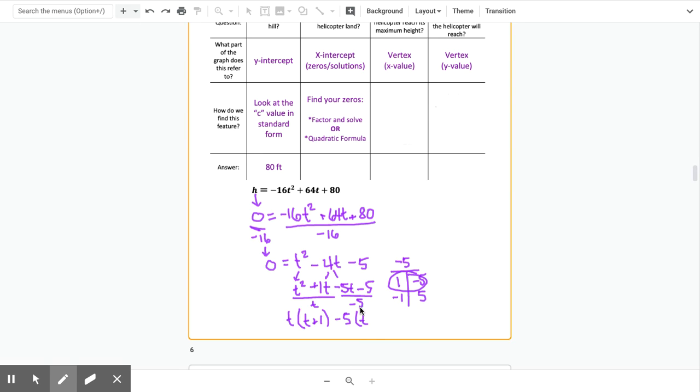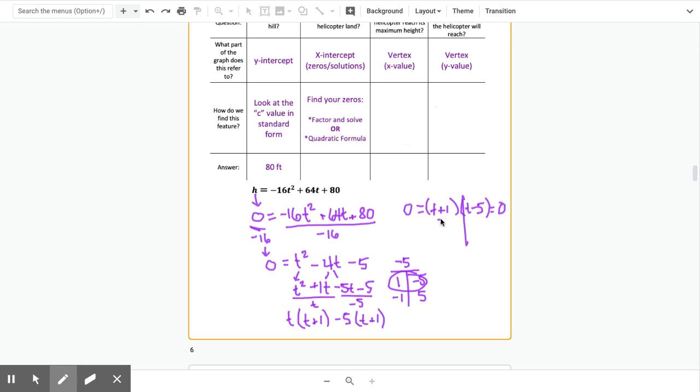Here, anything divided by itself leaves me with 1, so I need to show that plus 1. These guys match, which means we did a good job. Let's bring it up here and finish it up. So I have t plus 1 and t minus 5. I need to set those both equal to 0 and solve.